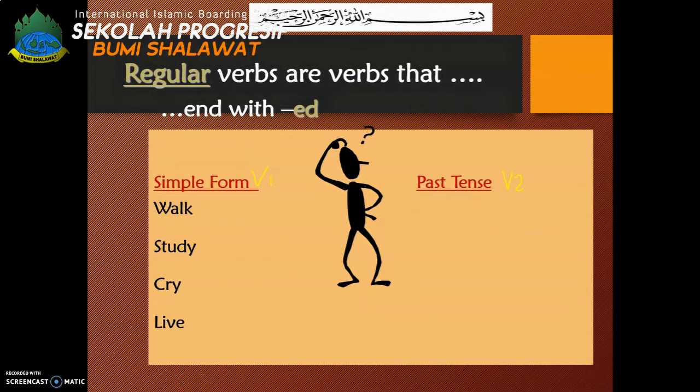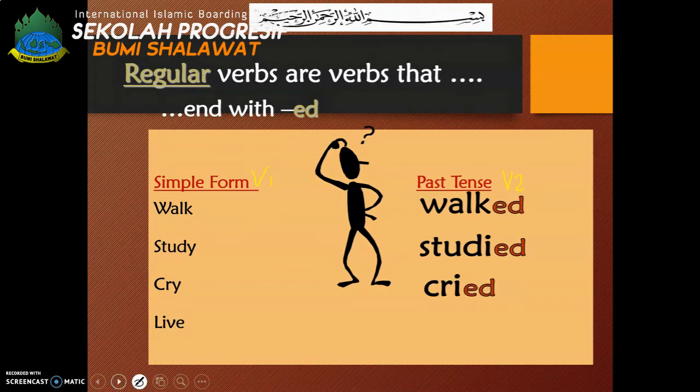If you want to change into verb 2, you just add ed at the end of the verb, like walk to walked, and then study to studied, cry, cried, and then for live, lived.